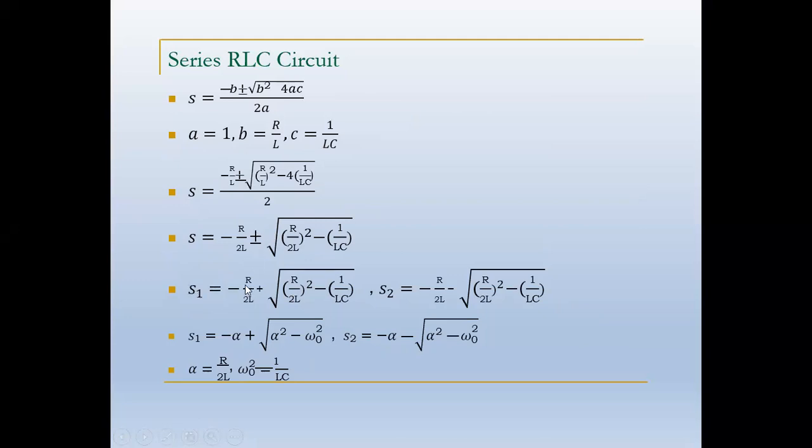S1 became minus R by 2L plus the square root of (R by 2L) squared minus 1 by LC, and the second is minus R by 2L minus the square root of (R by 2L) squared minus 1 by LC. Let us define alpha as R by 2L and omega 0 square as 1 by LC. So s1 is equal to minus alpha plus the square root of alpha square minus omega 0 square, and s2 is equal to minus alpha minus the square root of alpha square minus omega 0 square.